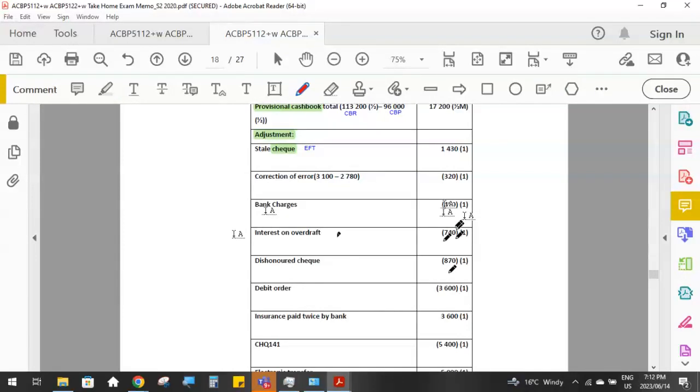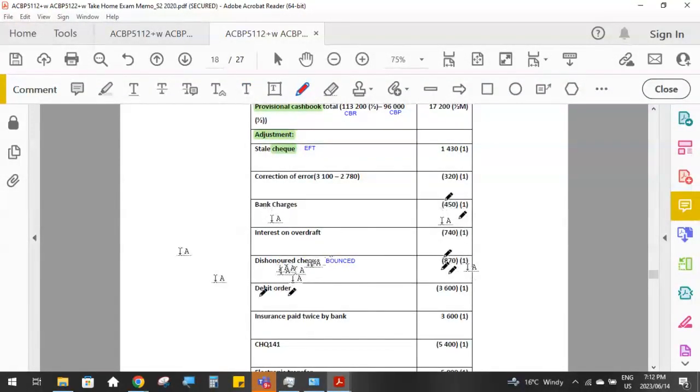They also told us that there was a check that we had deposited that in the old days they used to call a bounced check or dishonored check. There was not enough funds in the other person's bank account, and so the bank rejected the check. We originally would have recorded that check in our cash book receipts. We now have to reverse it in our cash book payments and take that money out of our bank account again.